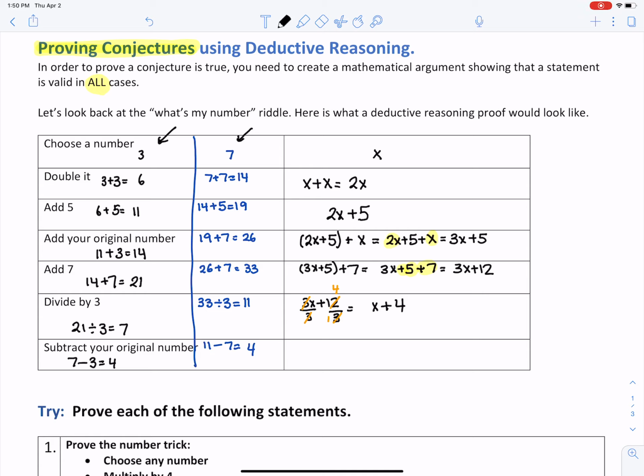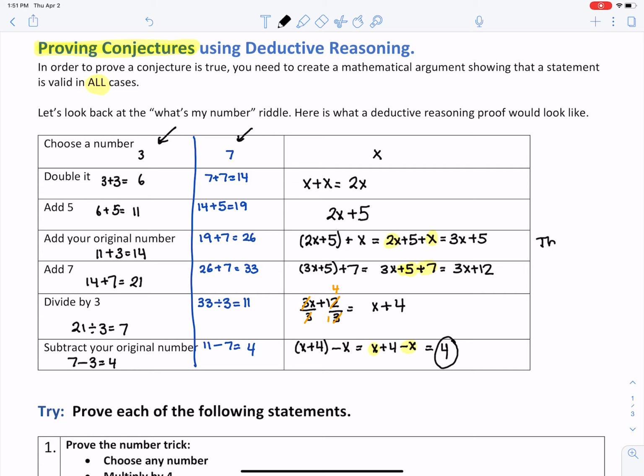And then it tells me to subtract my original number. x plus 4 minus x, I'm going to open up the bracket. x minus x are like terms. I have an x and I take it away and I get 4. So this shows me the proof that the result from this what's my number riddle will always be 4.